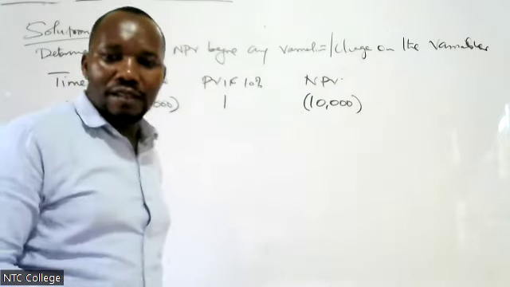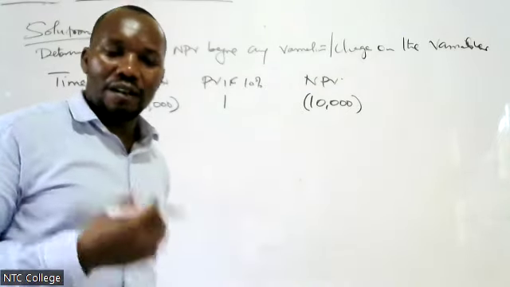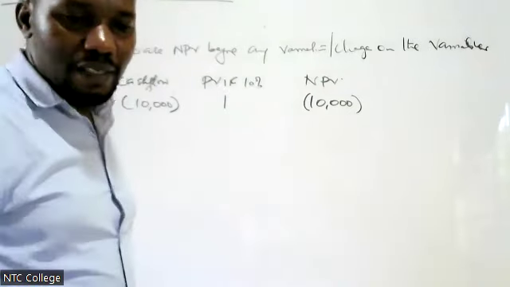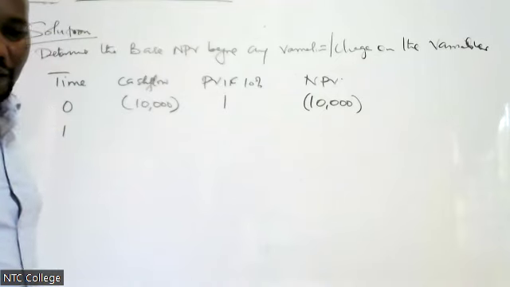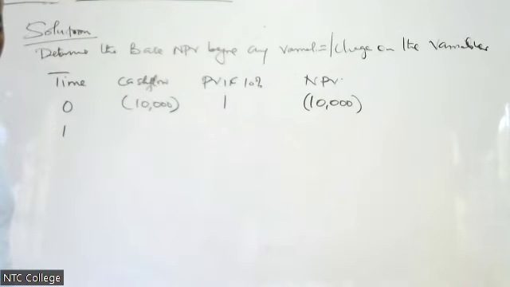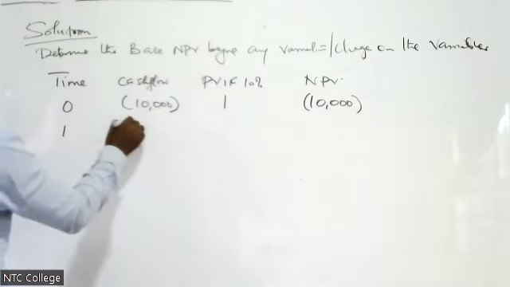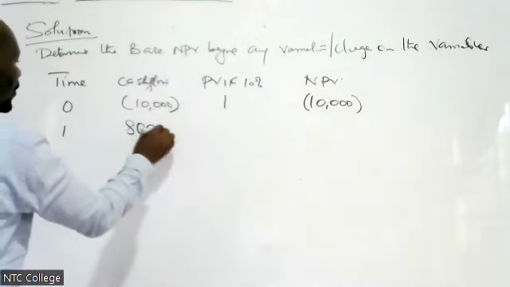The cash flow here is revenue minus the cost. So we have 12 minus 4, which is 8,000. We have been given 8,000 already in the notes on the question.